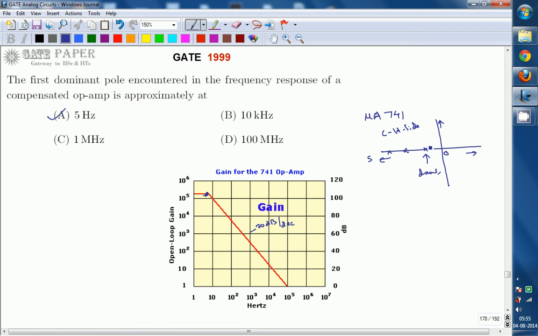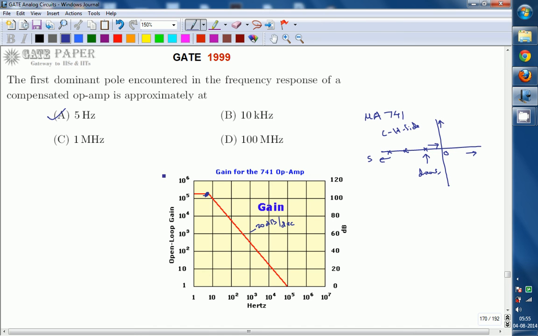Dominant pole is nothing but the pole very near to the origin. From this diagram we can say this is the pole from which the gain reduces at a rate of minus 20 decibels per decade, and there is no other pole until the gain reaches 1.